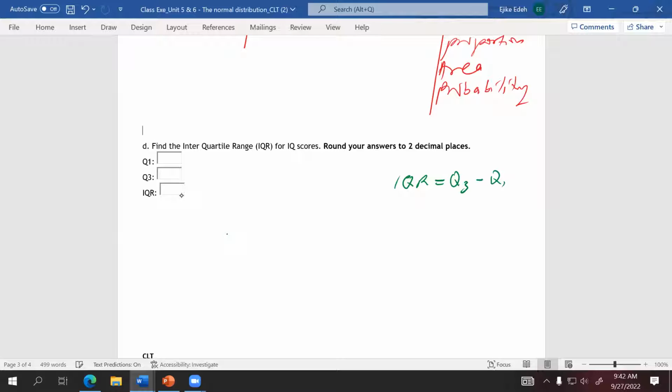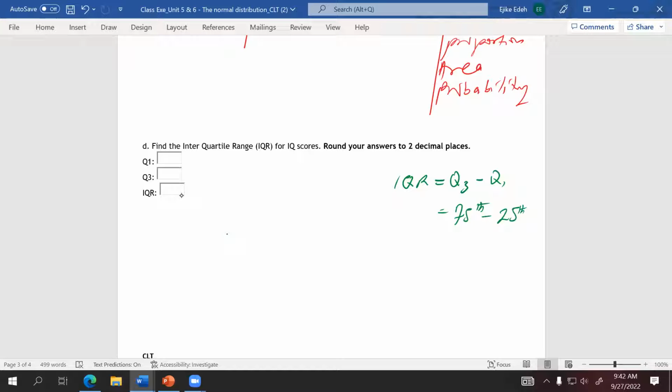We saw that maybe the first or second week of class. And we know Q3 to be the 75th percentile, so you are looking for the 75th percentile minus the 25th percentile. That's what we're looking for.